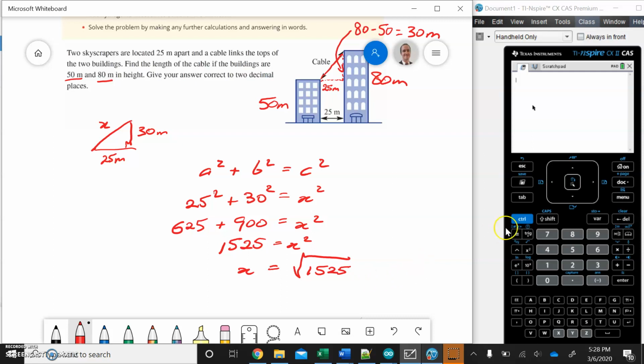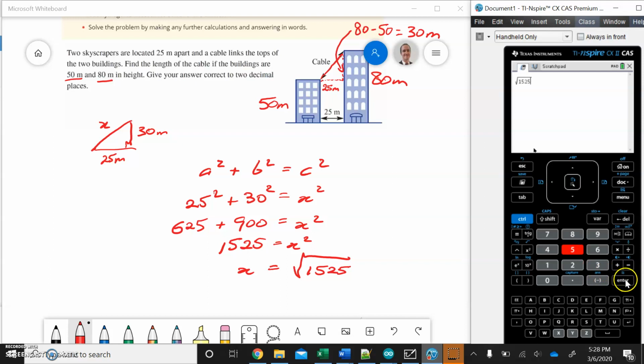Going over to our calculator, if I press the control button and then the x squared button, that's my square root sign, and I'm going to write 1525 and then press enter. It's come up with an exact value, which is 5 root 61.